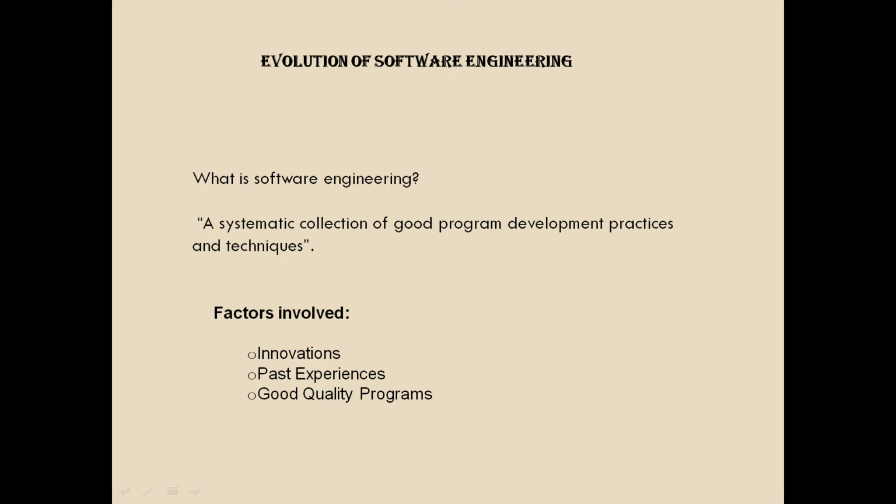And the second one is past experiences. As we said, we should learn from past mistakes. The more past experience we have, the better the quality of the software will be. Not only in software engineering, but in any field of development that has a physical appearance.